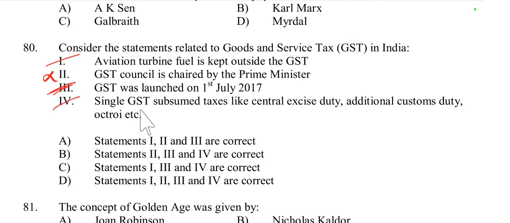Yes, this is correct, because GST replaced several central and state taxes, including central excise duty and octroi, among others. So it is right. So options 1, 3 and 4, option C, is the right answer here.